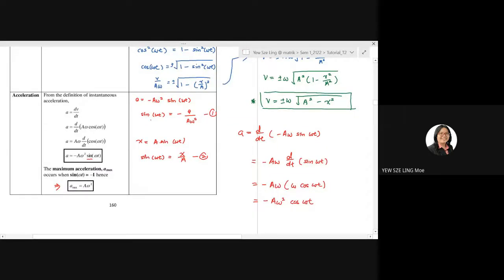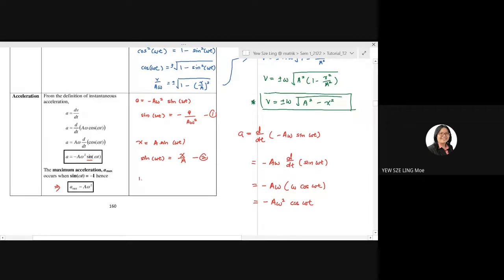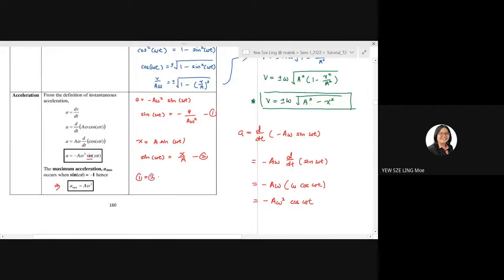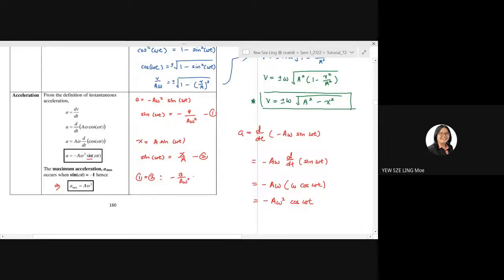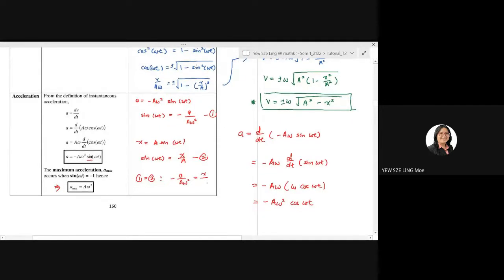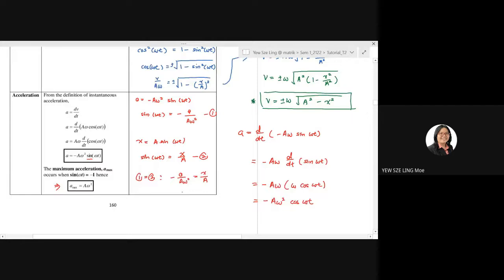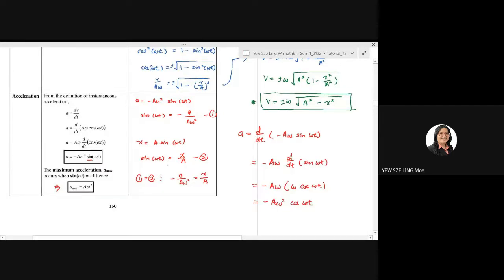Now, in the first equation I have sine omega t, and in the second equation I have sine omega t, which means I can equate 1 and 2. So from here, I have negative a over a omega square equals x over a. Rearranging the equation, I then obtain a equals negative omega square x.